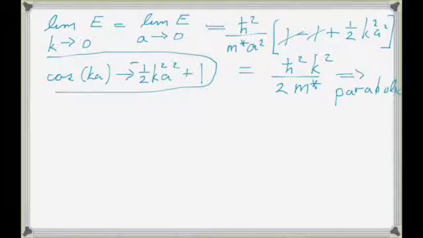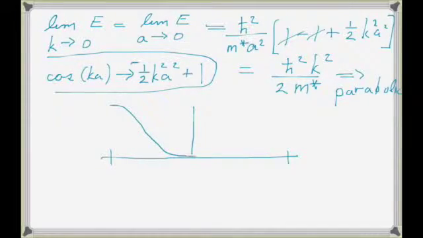So in the limit of small k, if we go back and compare these two things, for small k, which means I'm very close to k equals 0, right here in the center, I have my parabolic model.